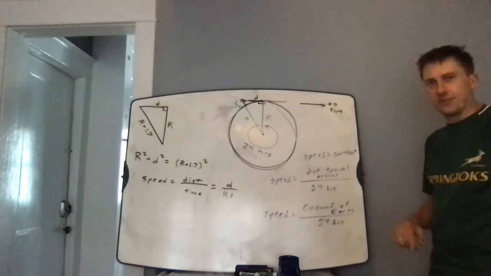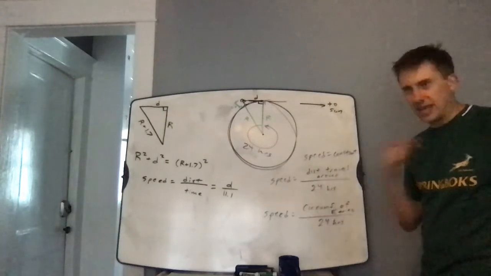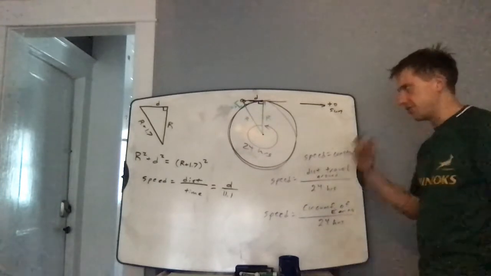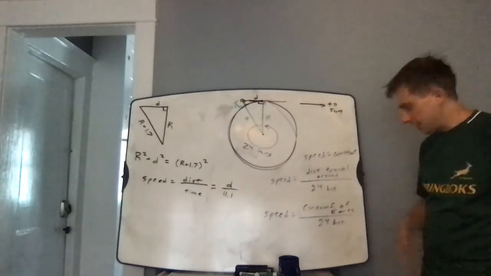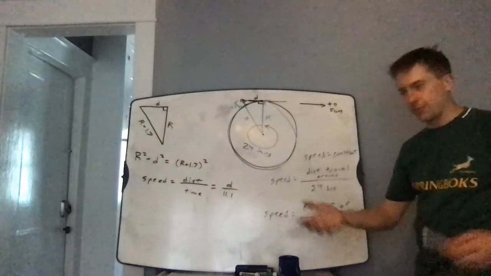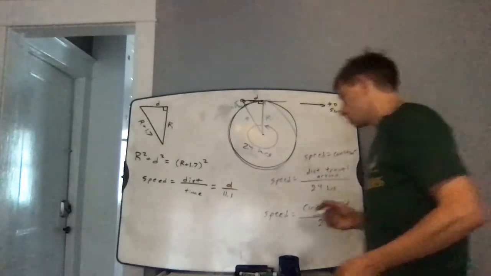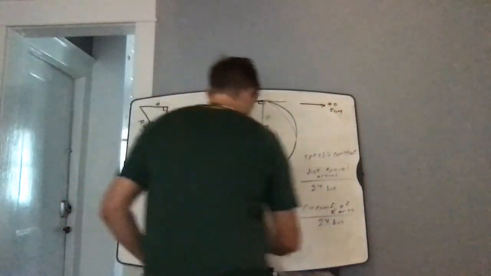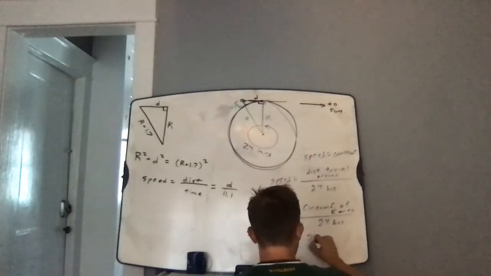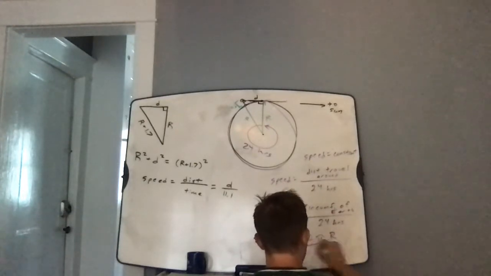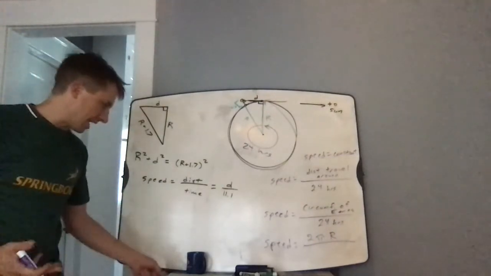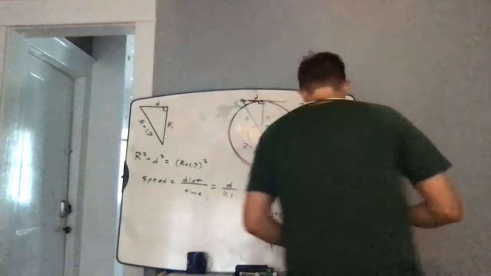Do I know the circumference of the Earth? Well, I don't know what that number is, but can I write the circumference of the Earth in terms of the radius of the Earth? Yes, I can. In general, for a circle, the circumference is 2 pi r. That would be a number you could just look up in a textbook or Wikipedia or something. So I could say the speed that I'm moving at here would be speed is equal to 2 pi r over 24 hours, and if I convert that number to seconds, I get 86,400 seconds is 1 day.